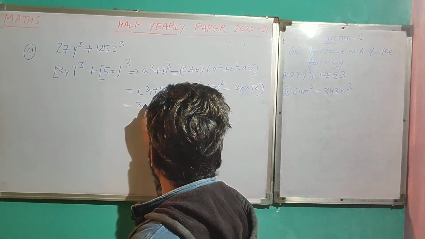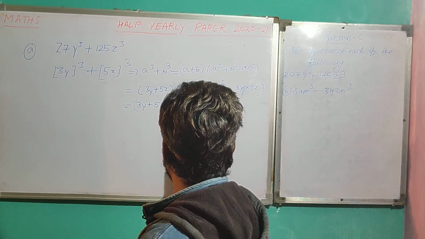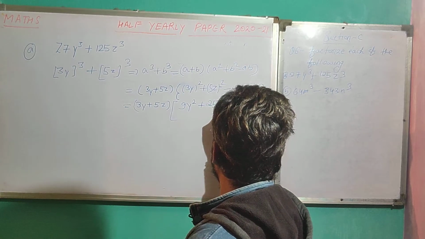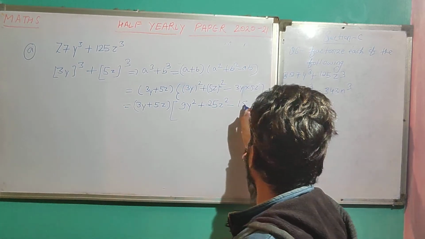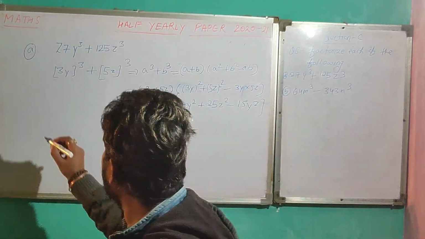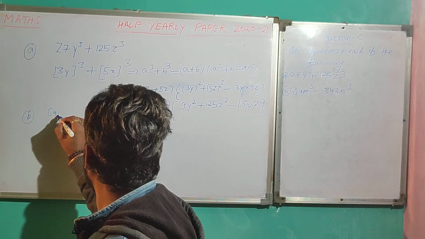You can write 3y plus 5z, this is 9y square, this is 25z square, and this is 15yz.